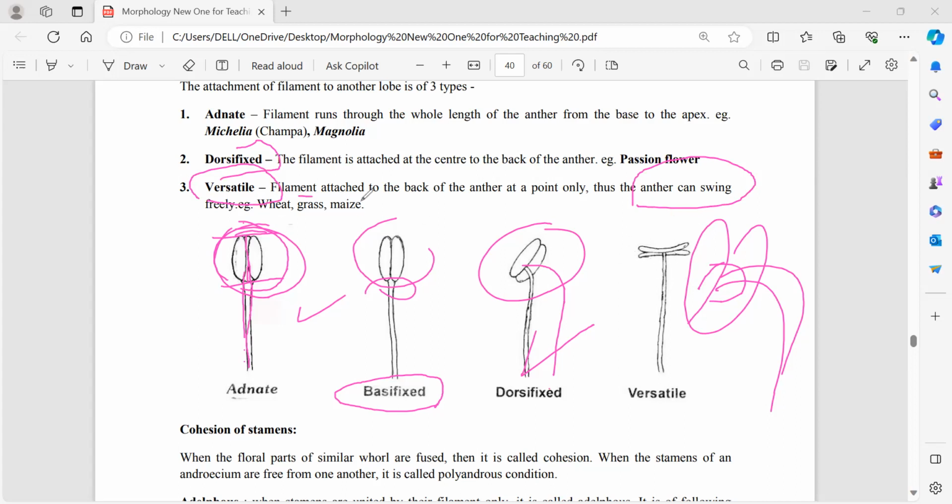When the filament is attached to the back of the anther at a point only. This is the filament, attached to the back of this anther at a point only. So this anther has free motion. It can swing freely on this filament. We have so many examples of versatile stamens, for example, wheat, grass, maize.